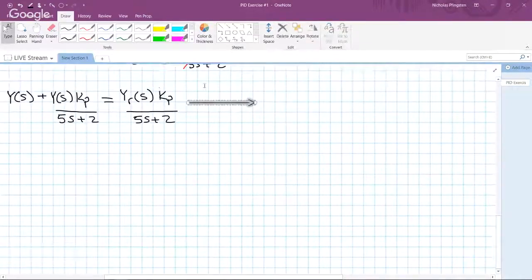So bam. Back to my unnecessary level of detail. We can take out the Y of S on the left side from both terms.